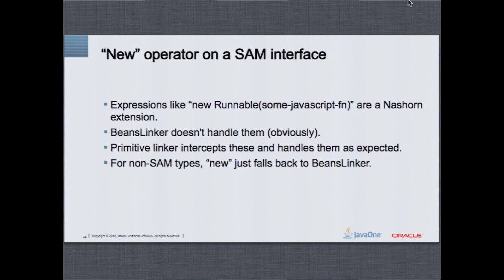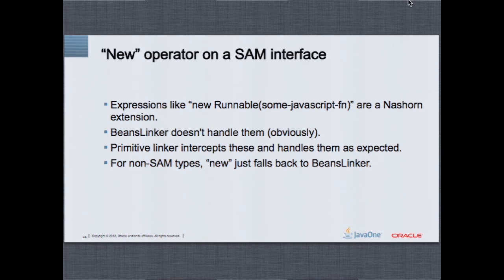But if we get a new invocation on a Java interface that happens to be a single abstract method interface, then conventionally the JavaScript implementations on the JVM, like Rhino, will allow you this syntax where you say new Runnable, and it's a Java Runnable, and then you pass some JavaScript function as a constructor argument.